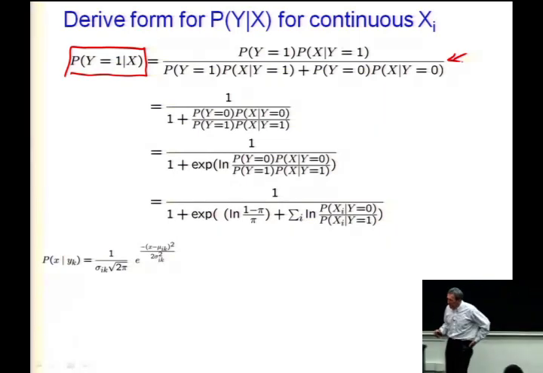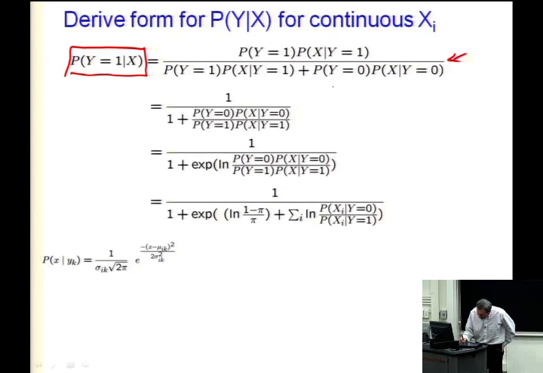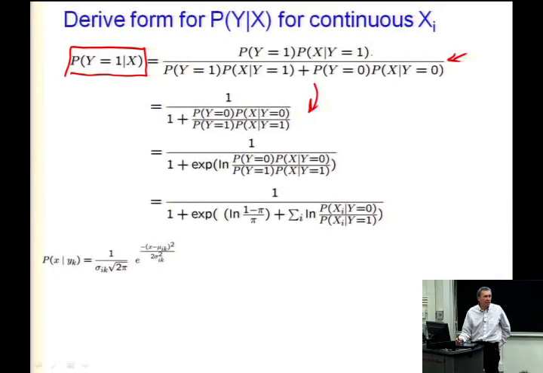Okay, so there's just Bayes' rule. And then I can divide the numerator and the denominator by this numerator. That makes my numerator 1, and now you can see it appears like this. What looks like a contortion is that, in general, the exponential of the logarithm of anything equals itself.